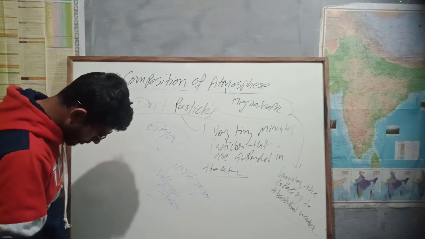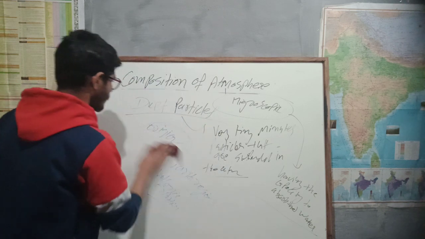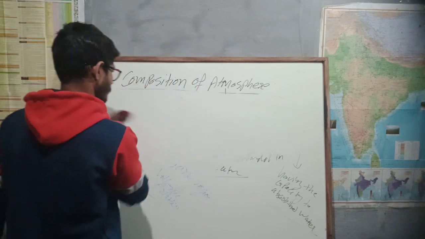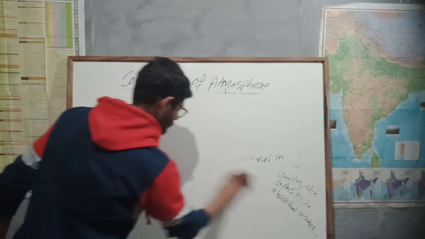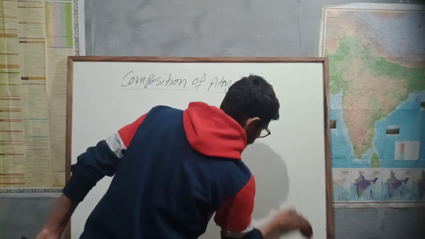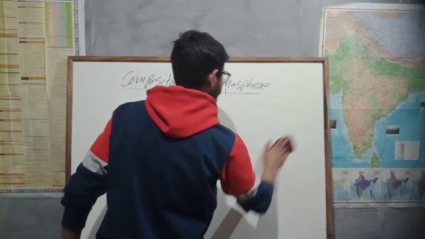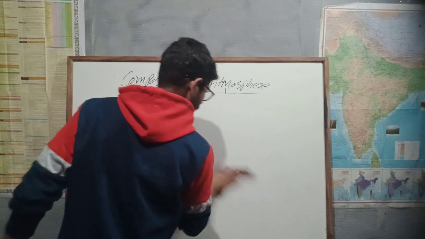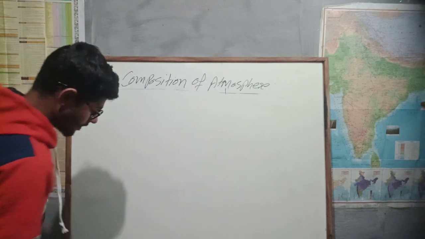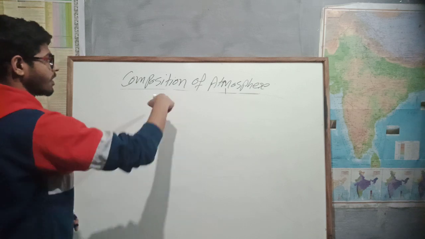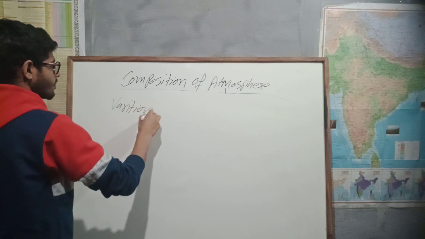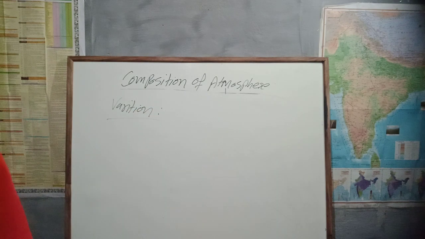Is there anything left? Let me see. No. So let's see some variations. This is a composition, and in composition you will find some variation. Think about how this variation could be there.